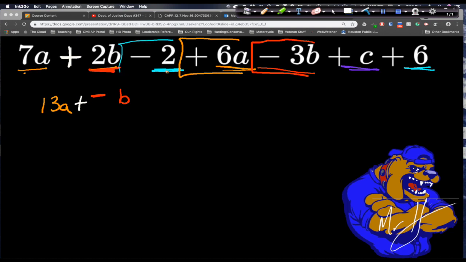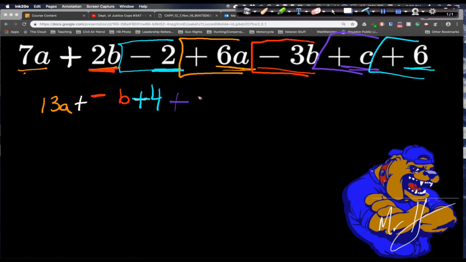Okay, so now let's come on back and we'll look at our 2's. Now I have a negative 2. Okay, so my operation will be a minus. So then I go 2, well, actually I've got negative 2 plus, what do I have? Plus 6. What's negative 2 plus 6? Well, that is a positive 4. Okay, and then our last term that we've got to deal with is a plus c.